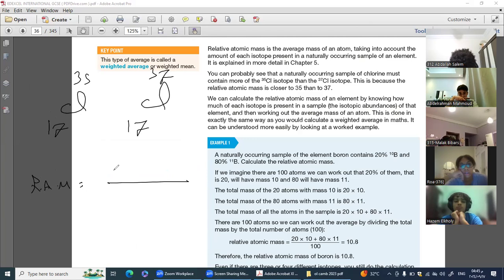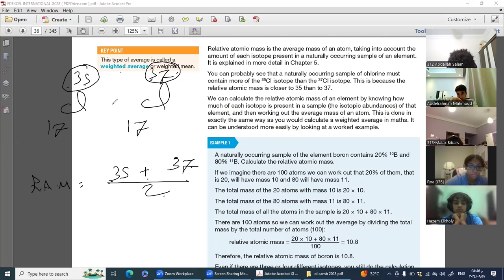It will be mass number 35 plus the other one 37 over 2, to obtain the average atomic masses. This is called relative atomic masses. So what's meant by relative atomic mass is the average atomic mass. If we have isotopes for any element, we will take the average for both.